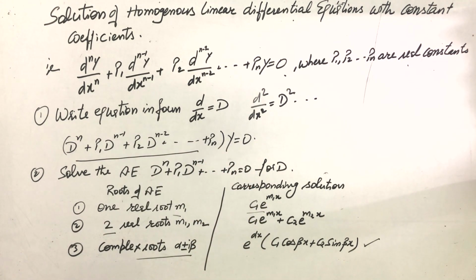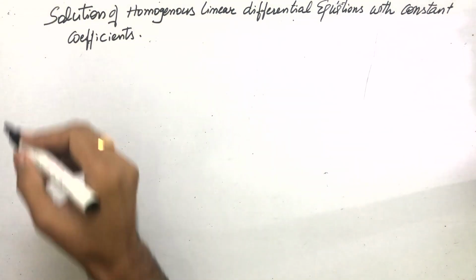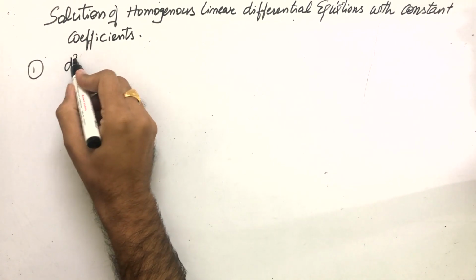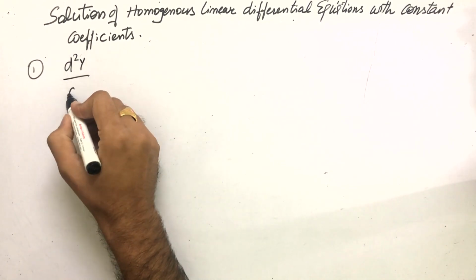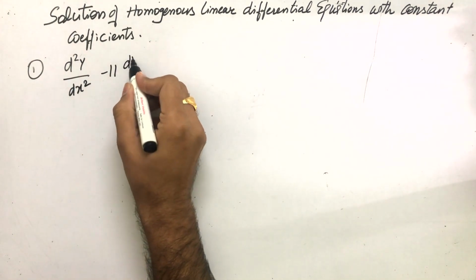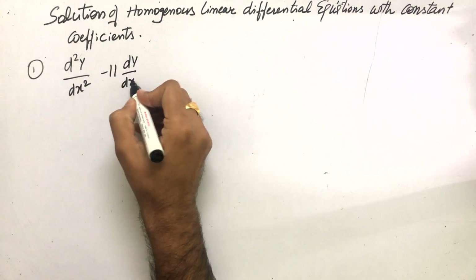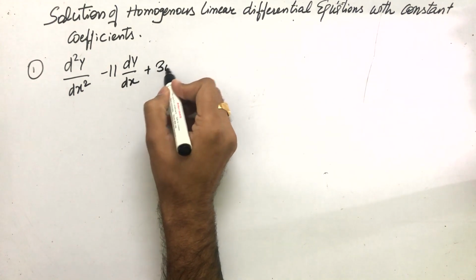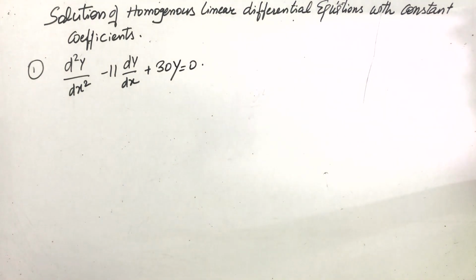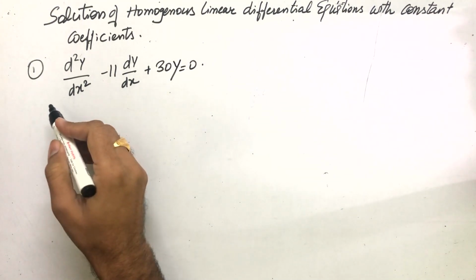Let us try some numericals based on this method. Let the first numerical be d square y upon dx square minus 11 dy by dx plus 30y. First of all, as we discussed, we transform this equation.